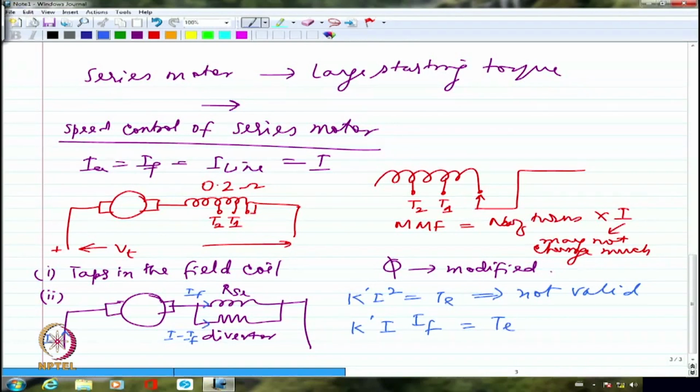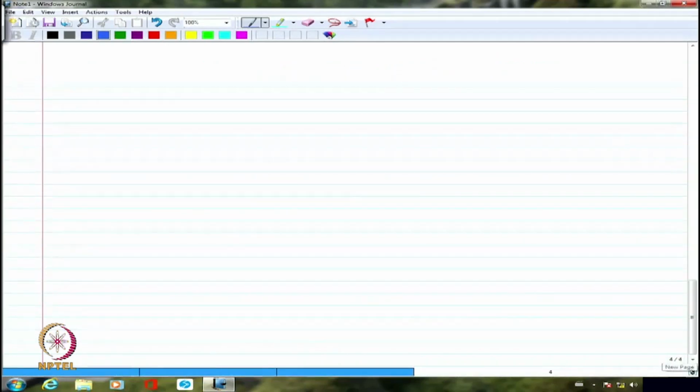The last kind of operation adopted for speed control is this. If this is my series motor's armature, I may have several field coils in series or parallel.